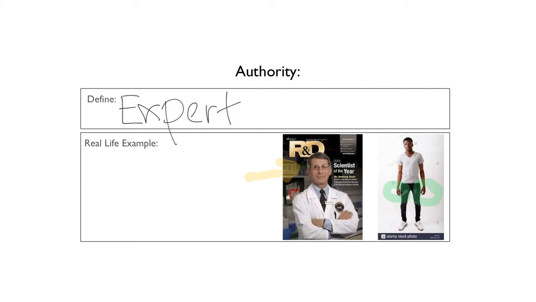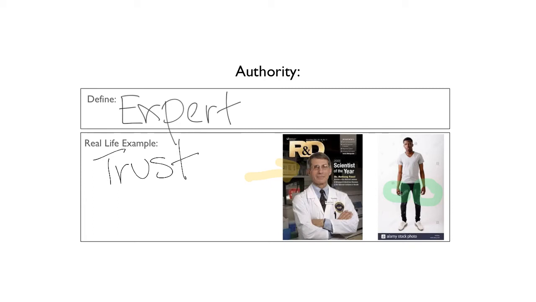If we go back to our dramatic saga of boyfriend, girlfriend, cheating scandal over here, authority would be who is telling me this information? Is it someone who I trust? Is it someone that I believe? Is it someone who is going to have that information readily available to them?